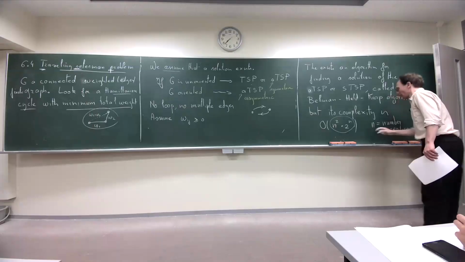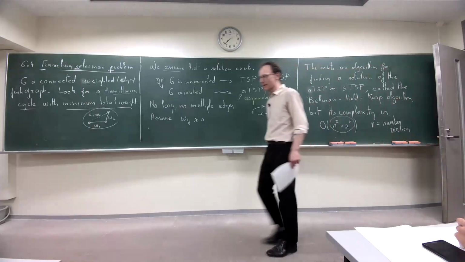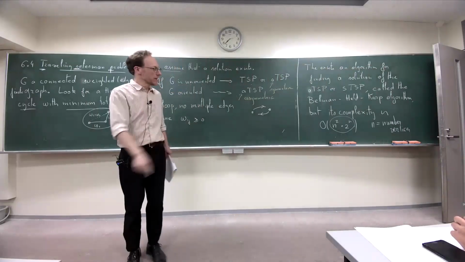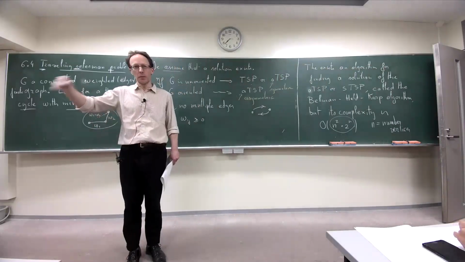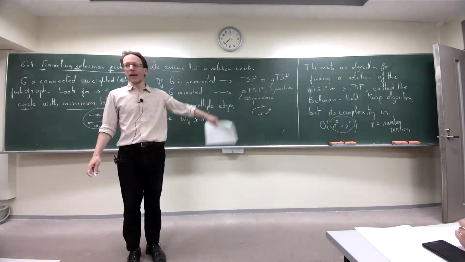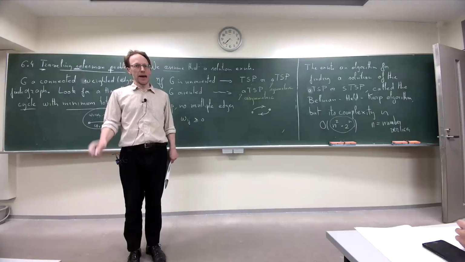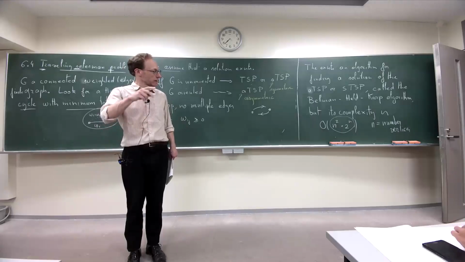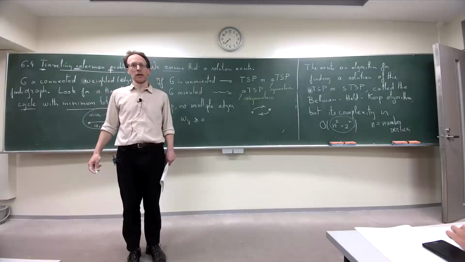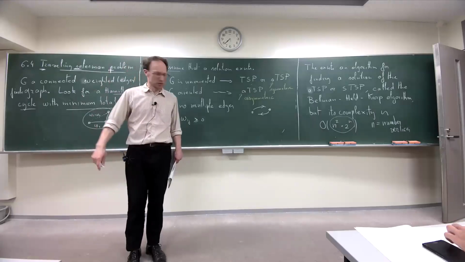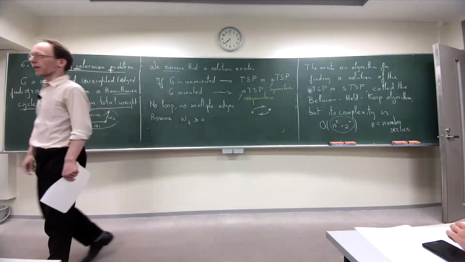I'm not saying that you have to do exactly this number, but there is a meaning for this capital O. It's about this number, and you can see it grows exponentially, because 2 to the power n is like exponential of n ln 2. So it grows exponentially.